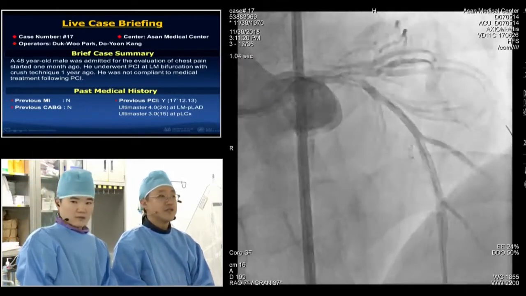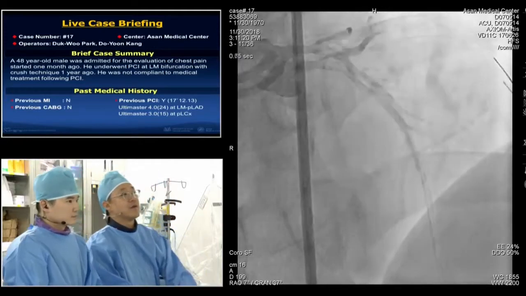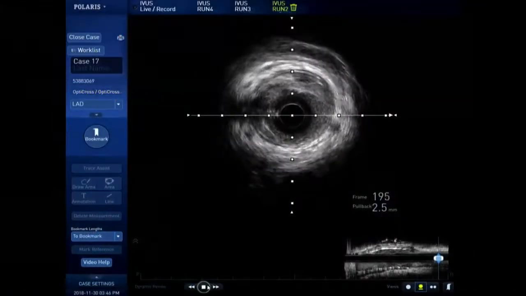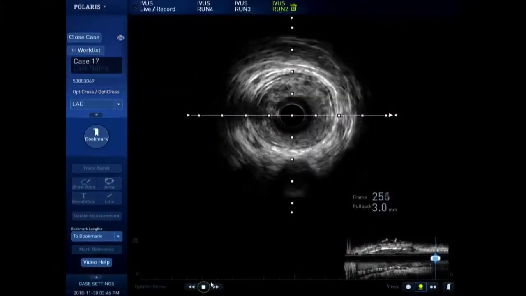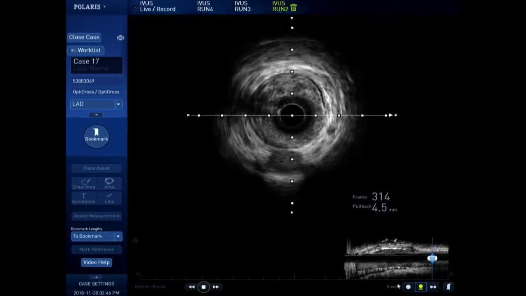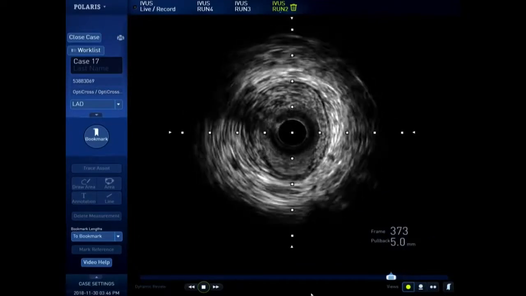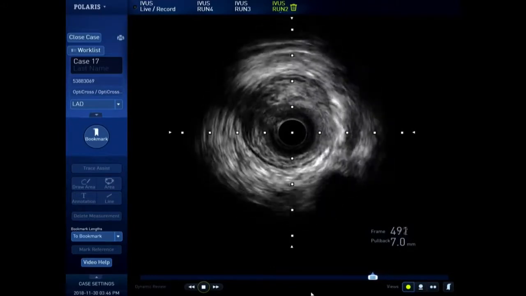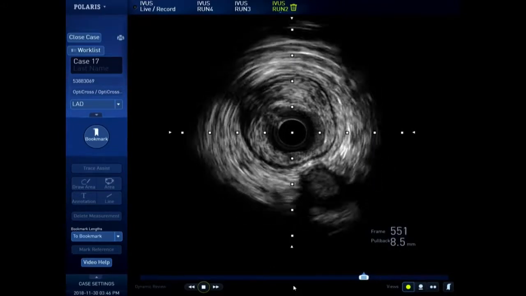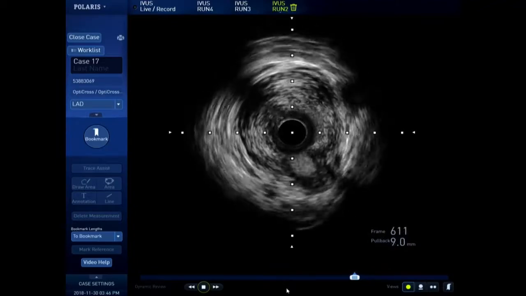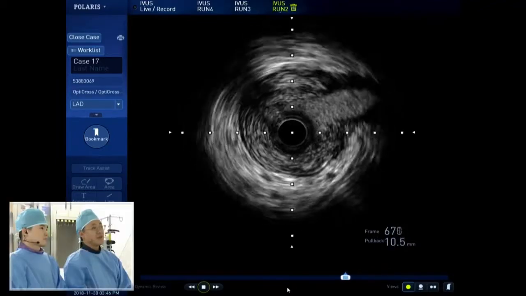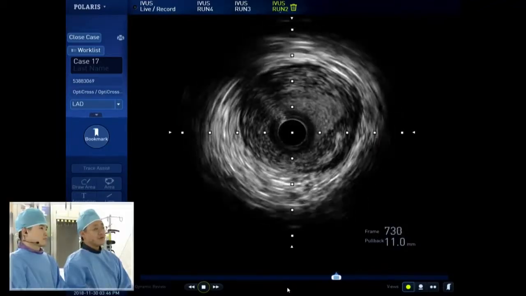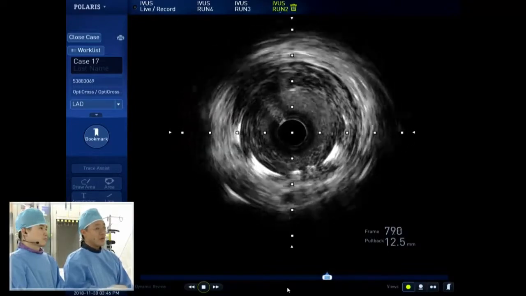Can you see the IVUS finding? This is the LAD, and looking at the distal part of the LAD, there is a huge plaque. The lumen area is less than 3.0, and the plaque progressed. He didn't receive any statin therapy or DAPT therapy, and stopped all medication.